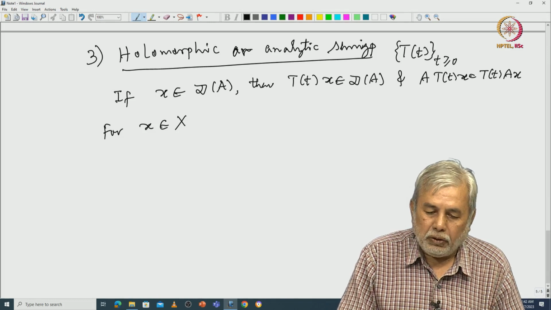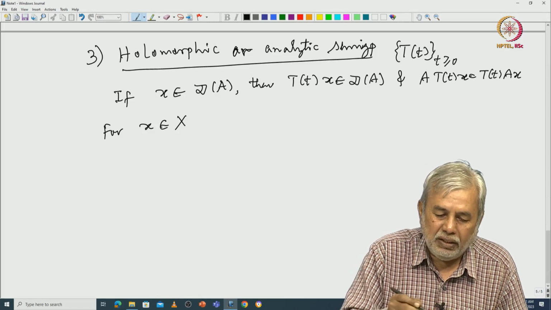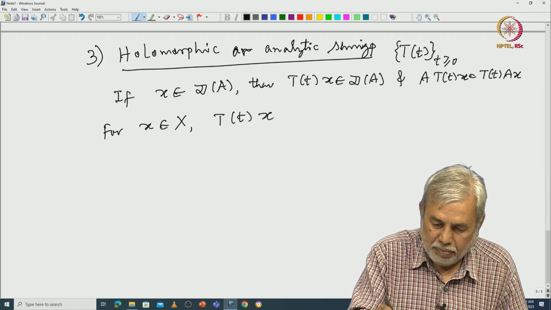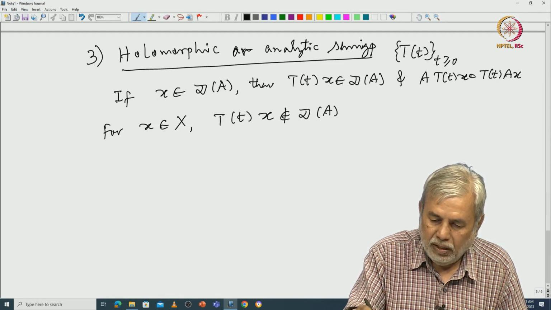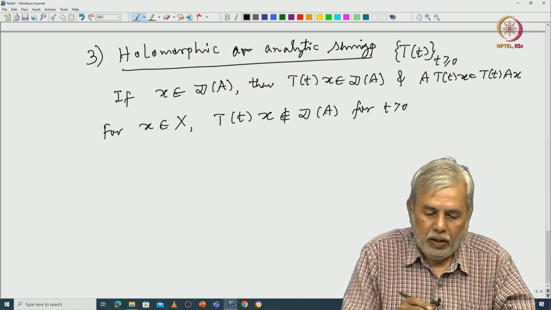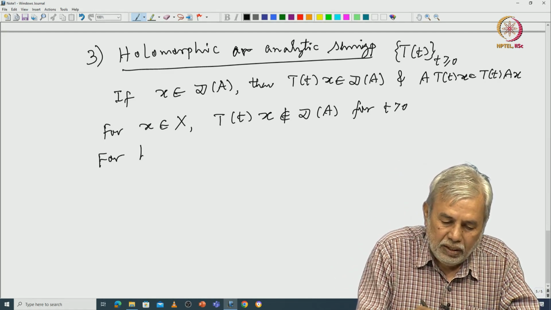Okay. But for holomorphic semigroups, that is what happens. So T t x may not belong to dA in general, but for holomorphic semigroups, for t positive, that is what happens.